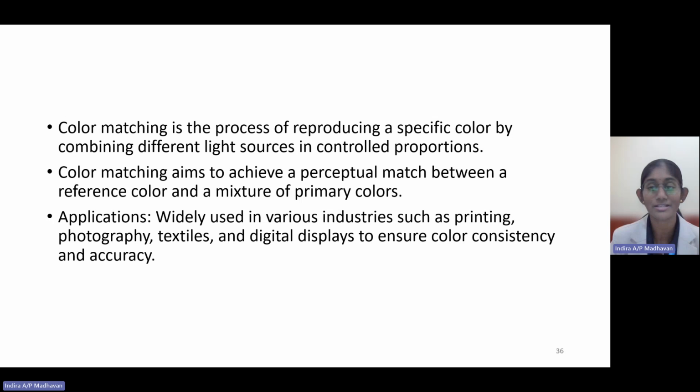So they produced every single color in that range using this color matching process. Color matching aims to achieve a perceptual match between a reference color and a mixture of primary colors.